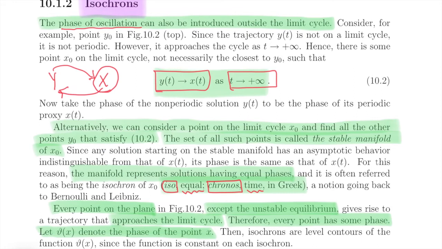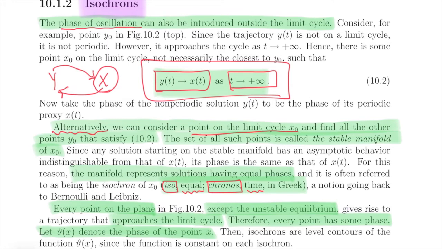we have an isochron. We have infinite numbers of states in our system that are fitted on that isochron corresponding to x, and this is why he uses this alternatively. Alternatively, we consider a point on the limit cycle x0 and find all the other points y0 that satisfy this.